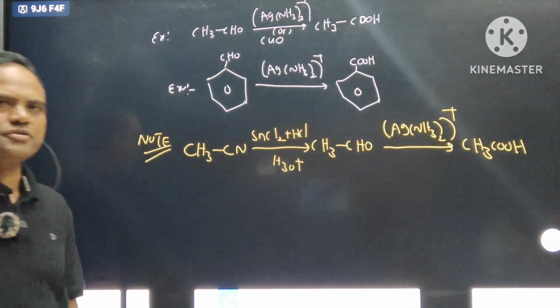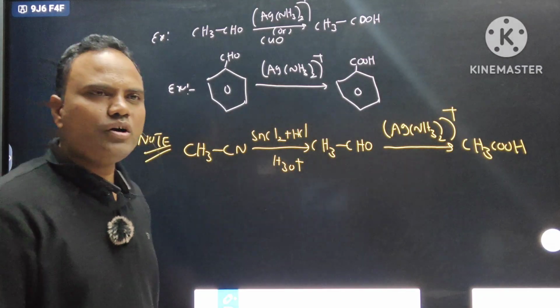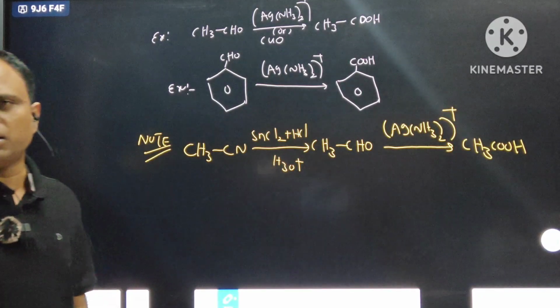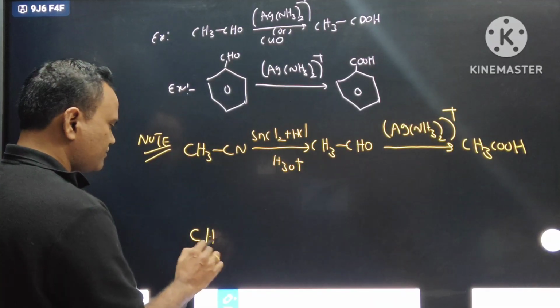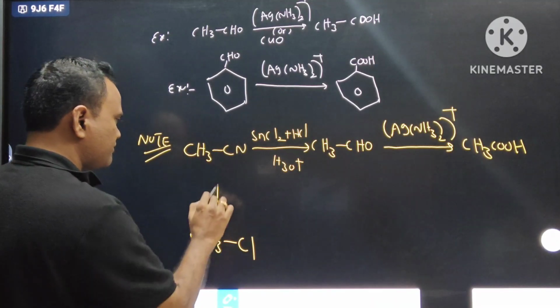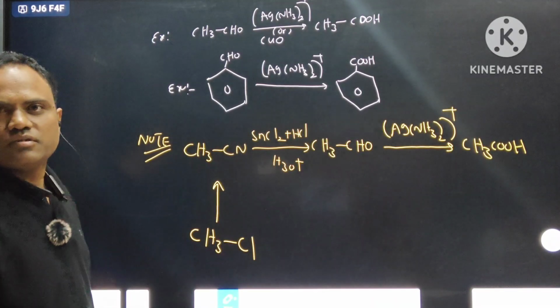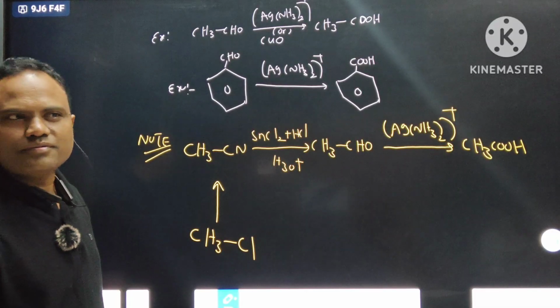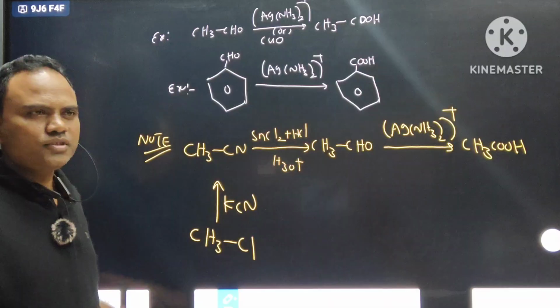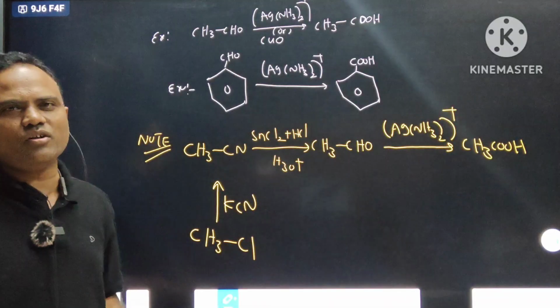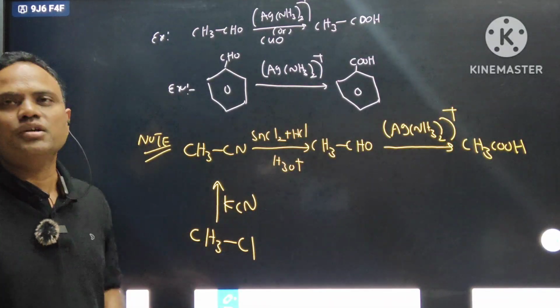Indirect. You know the alkyl halides chapter very well. How to get this? By KCN. Okay. Interconversions. After completion of all organic chapters, you will do questions like this. Yes, tell me.